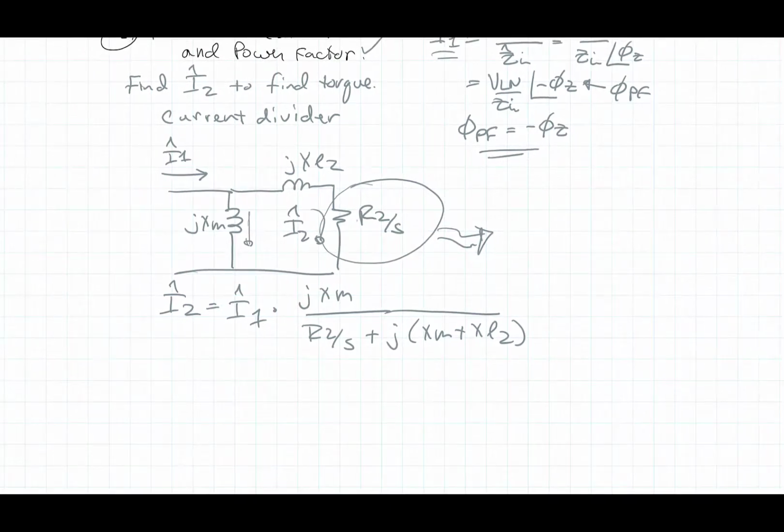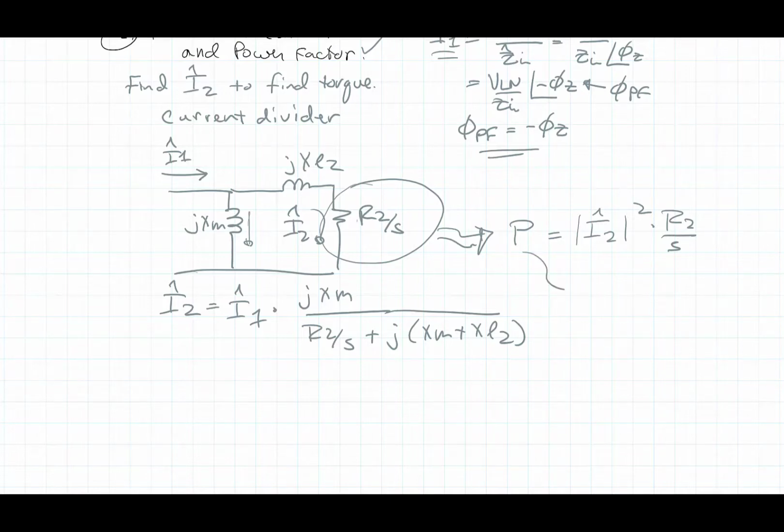this is the power. There's a power that is dissipated across this resistor right here. And that power is going to be equal to the magnitude of the I2 squared times R2 over S. And for the motor, you're going to have 3 times this.